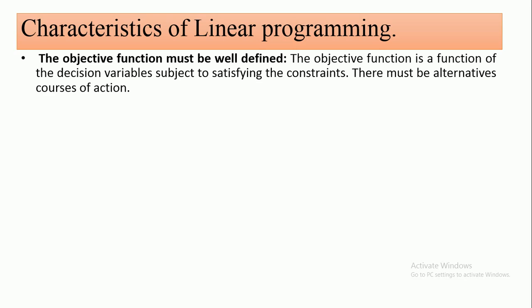So objective function is a function of decision variables subject to satisfying constraints. So every objective function must be subjected to some certain constraints. So if you are maximizing, your maximization can be achieved under a particular constraint.